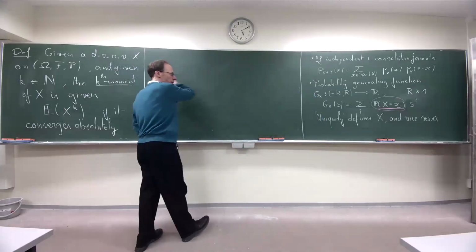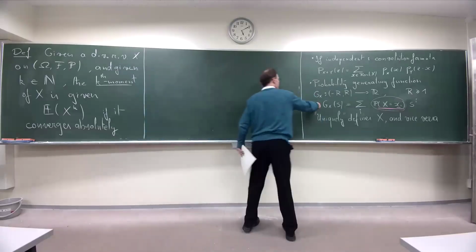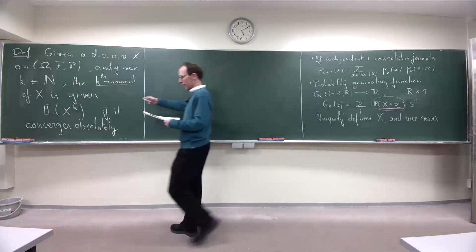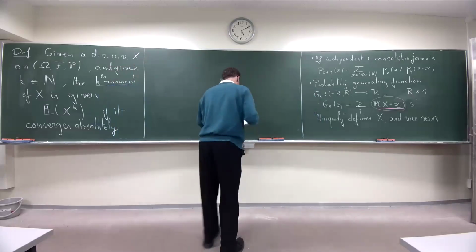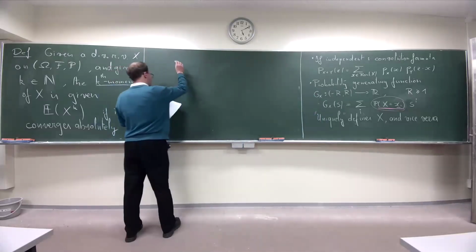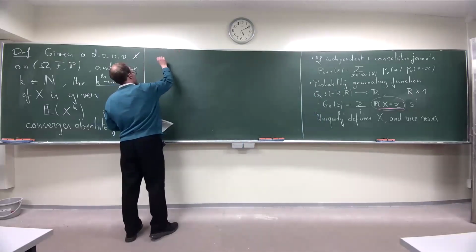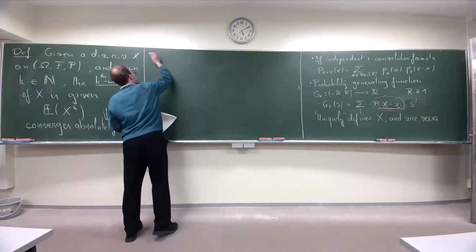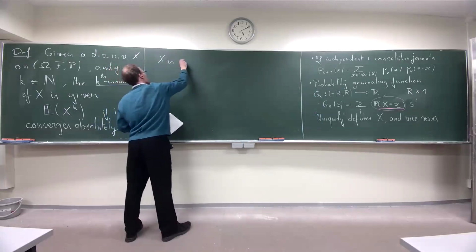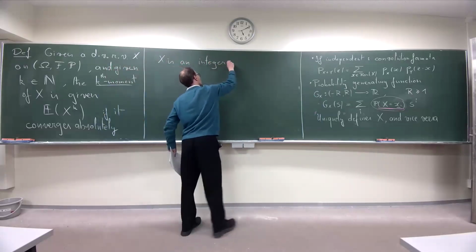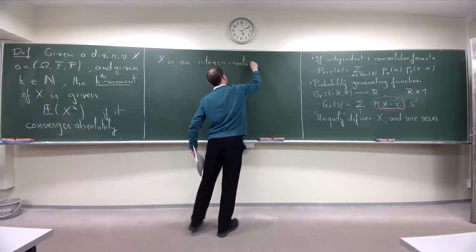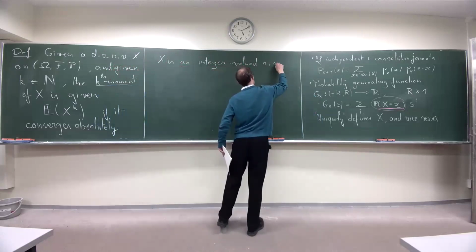We'll draw a link between this function and this k-th moment, but only for a subfamily of random variables. So let me say what it is: X is an integer valued random variable.